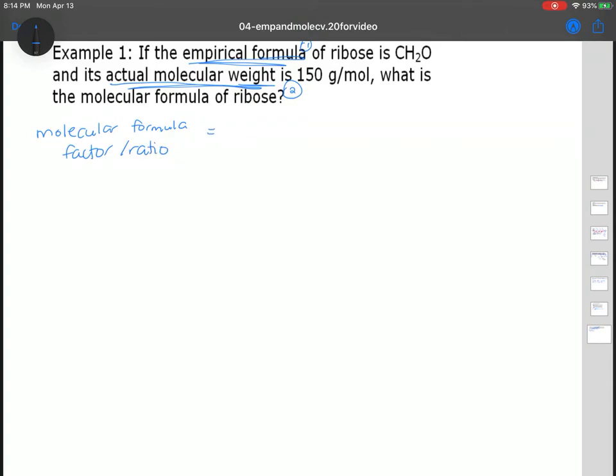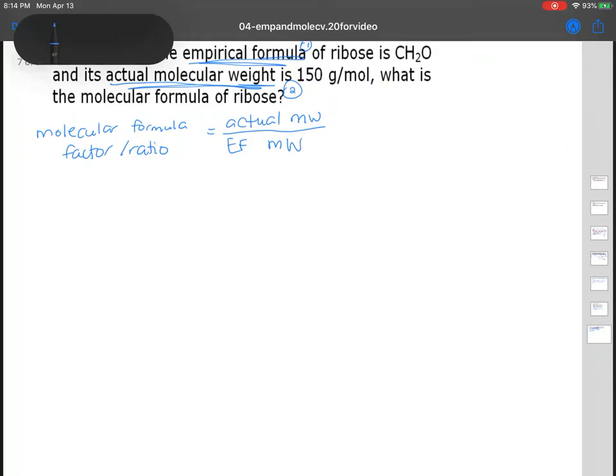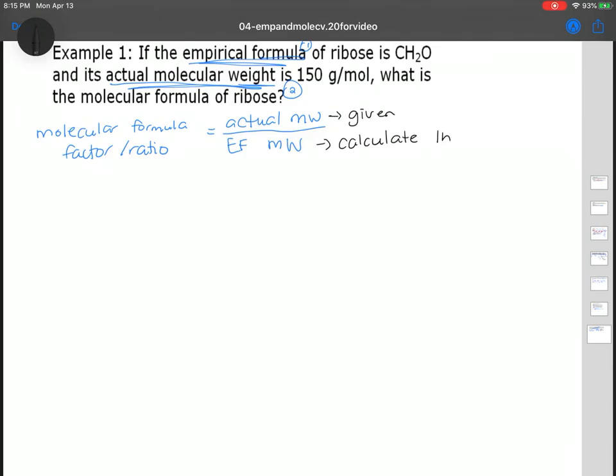Okay, so when we're calculating this factor, or if you prefer ratio, how much bigger is it, then it is bigger, right? The actual molecular weight is going to be bigger. So it always goes on the top, and then the empirical formula molecular weight goes on the bottom. So this you're given. And then the empirical formula molecular weight, similar to the mole questions, you calculate this, right?